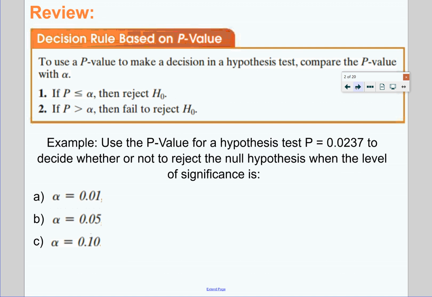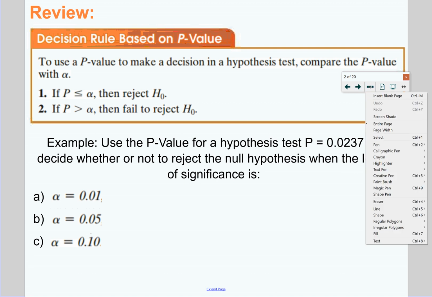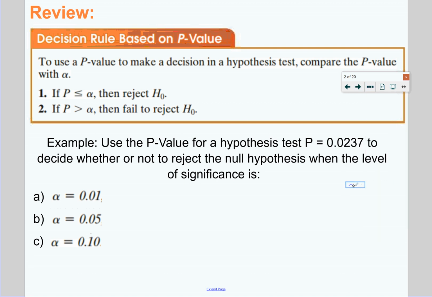All right, so first one, we're just going to do a quick comparison here. We have a p-value that's already been found for us. It's 0.0237. We want to compare it to these different alpha values and make a decision based on that. Okay, so in the first one, my p is 0.0237. My alpha is 0.01.